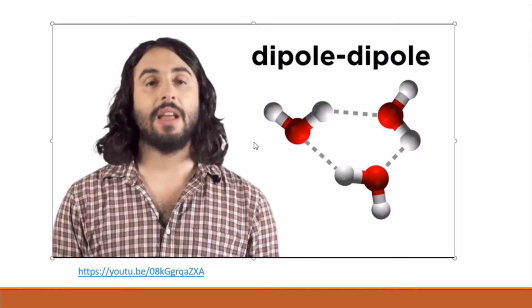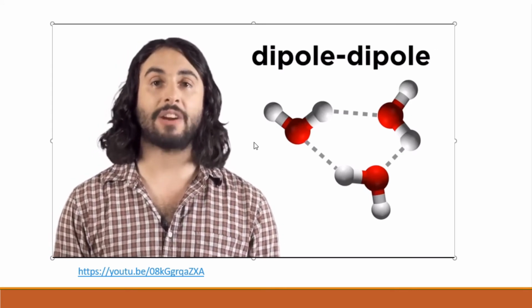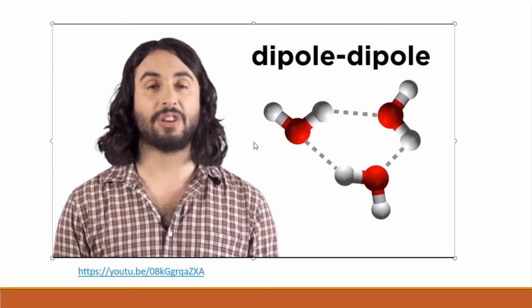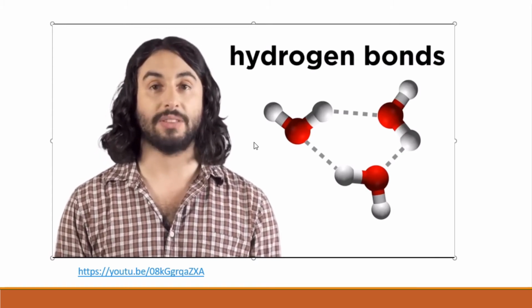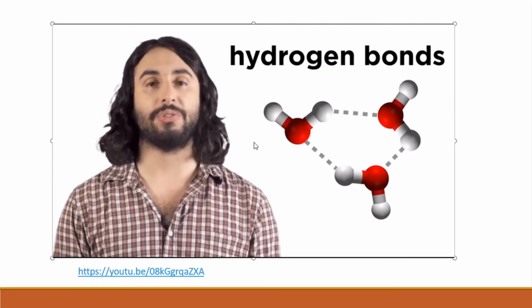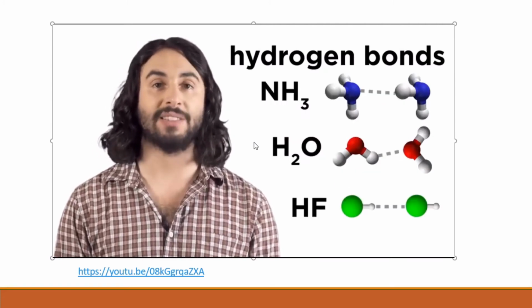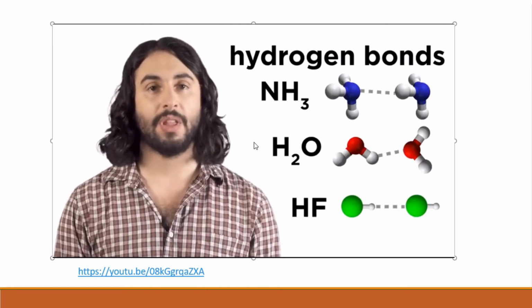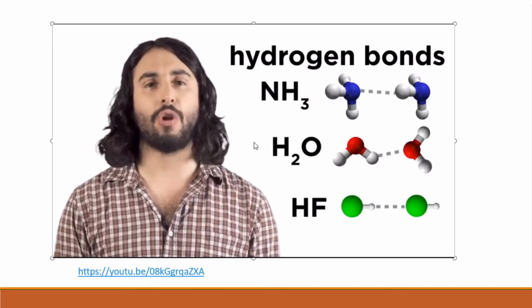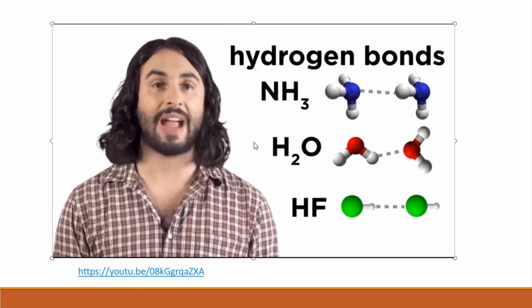In this case, these dipole-dipole interactions qualify for a special title, hydrogen bonds. This is when dipoles generated by NH, OH, or FH bonds interact with each other. These are just especially strong dipole-dipole interactions.